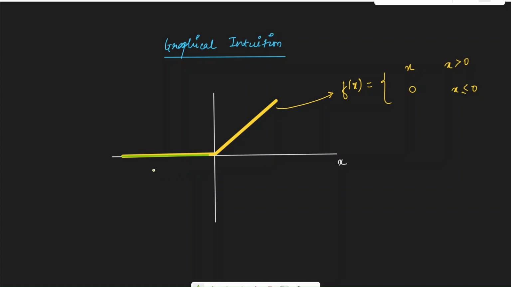So the graphical representation of the derivative of the ReLU function would look something like this. So this is 0 and this is 1. This is the derivative of the ReLU function.